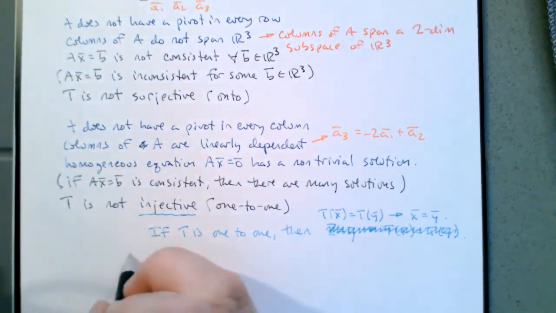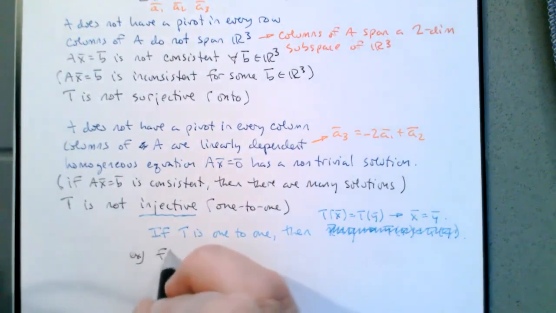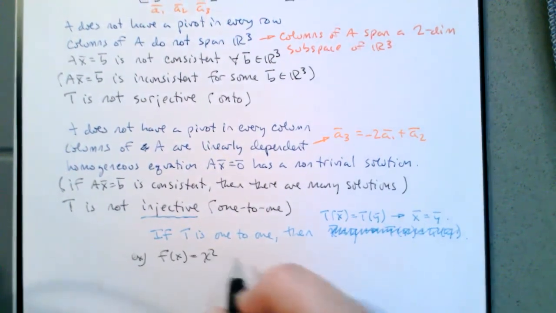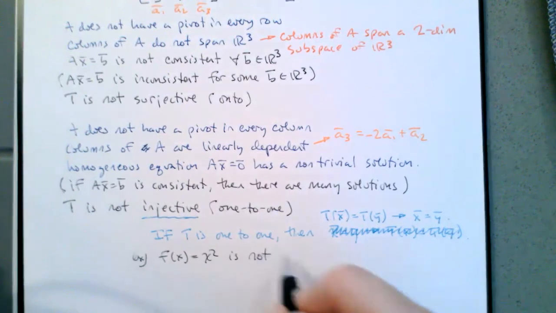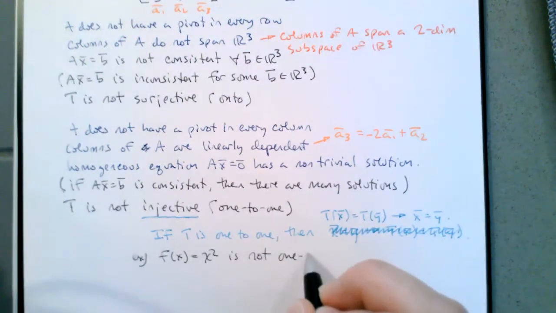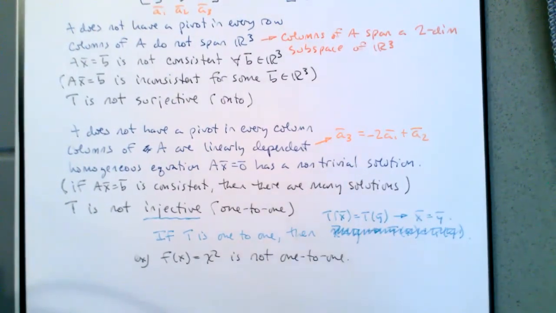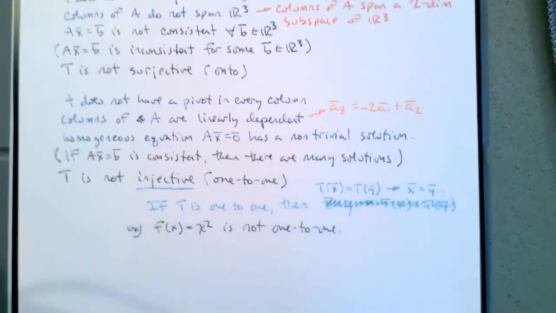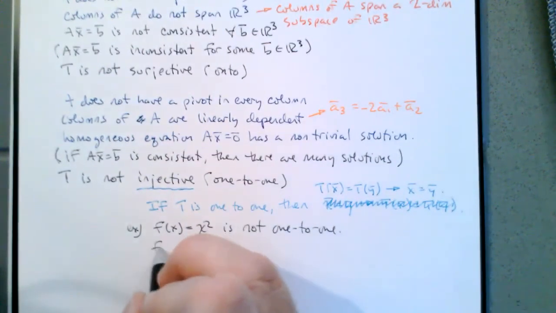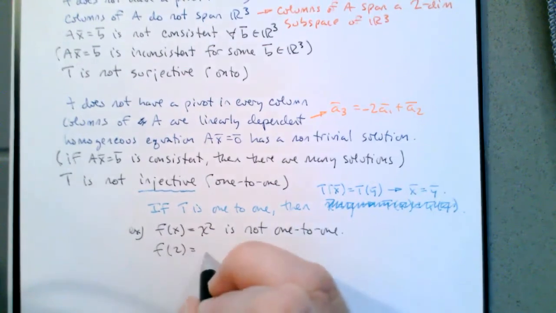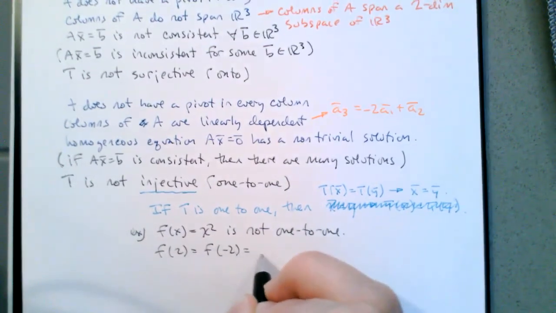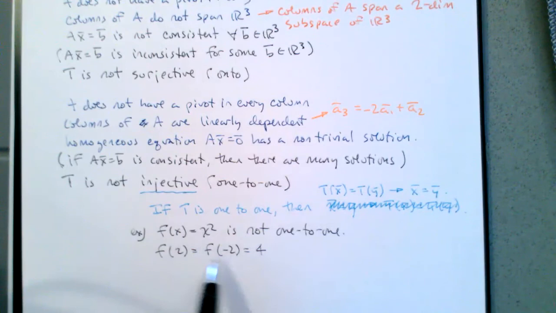So for example, x squared is not one-to-one, because f of 2 is equal to 4, and f of negative 2 is also equal to 4. There are two inputs that give us an output of 4.